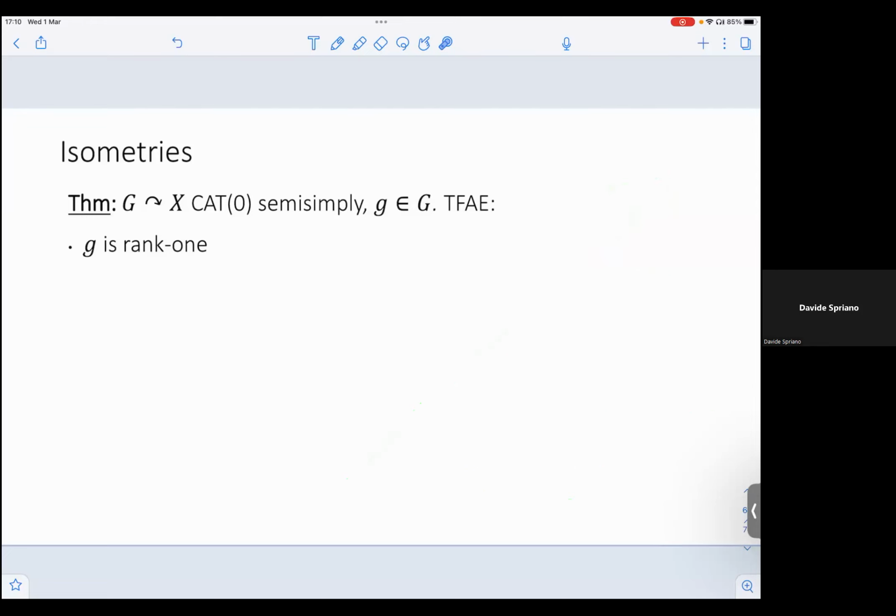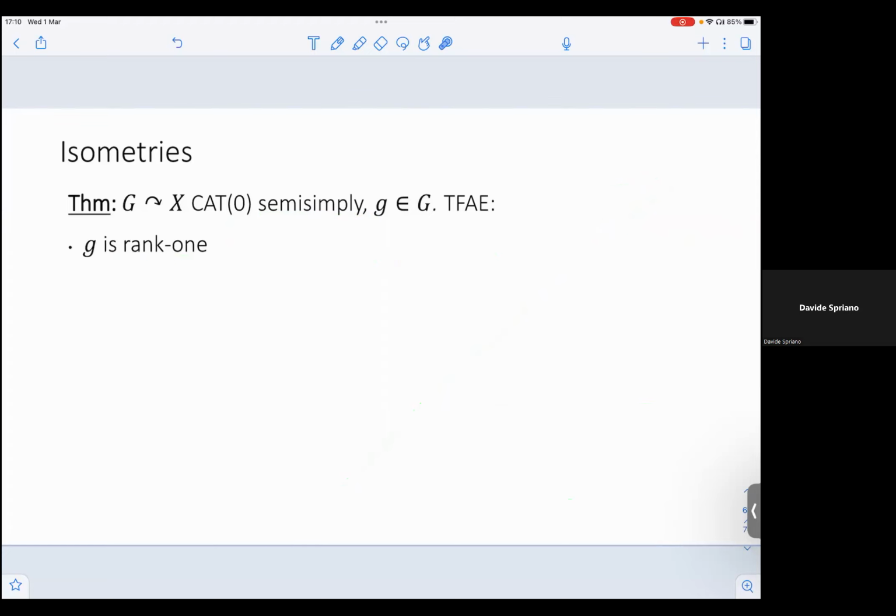Again, if you never heard, this is the equivalent for a CAT(0) space of g being Morse, if you know what this means, or g being contracting, again, if you know. And this is also for the expert, this is why we use the word semi-simply. If we were not using that word, you would have the word contracting here. It's just a slightly less well-known concept, I guess. So the following are equivalent: g is rank 1.